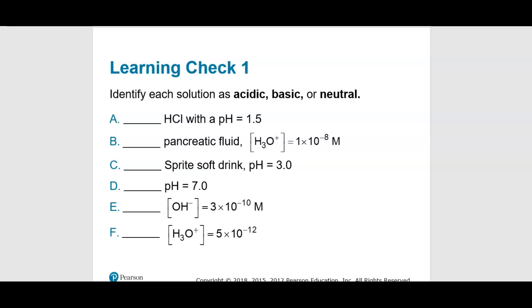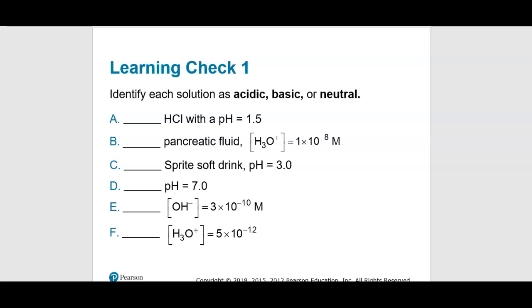So if the hydroxide ion concentration is lower, the hydronium ion concentration has to be higher, so you're suspecting acidic there. If you actually do the calculation, you find that 3.3 times 10 to the minus 5th is the concentration of hydronium ion. So that is going to be acidic.